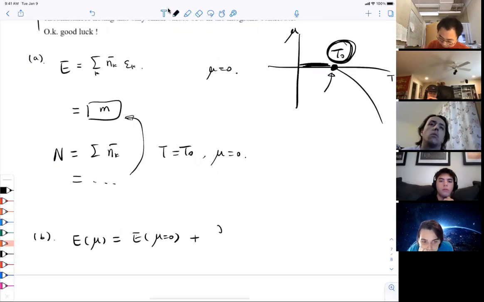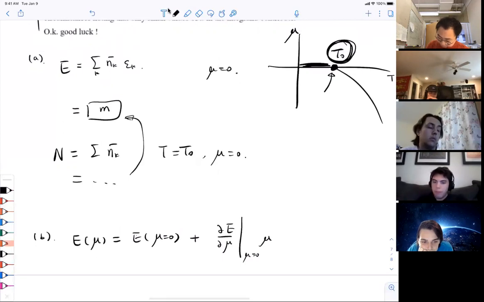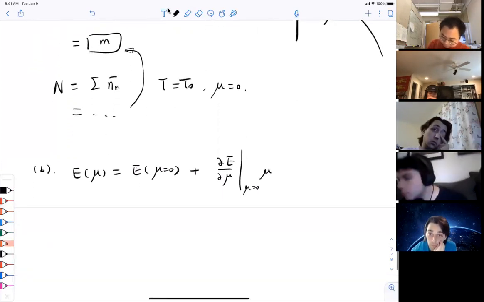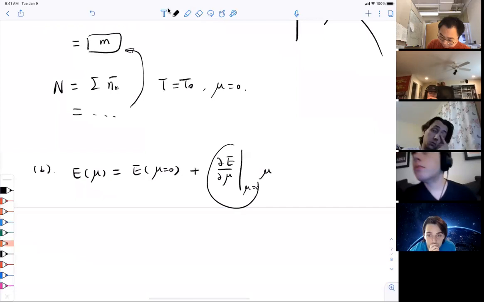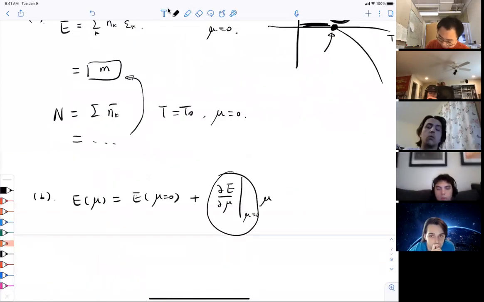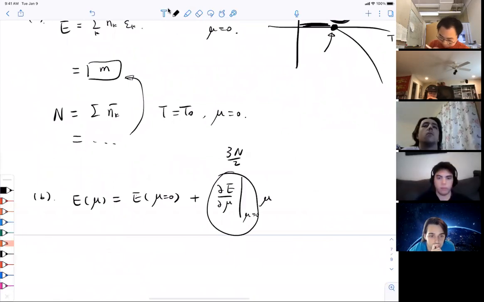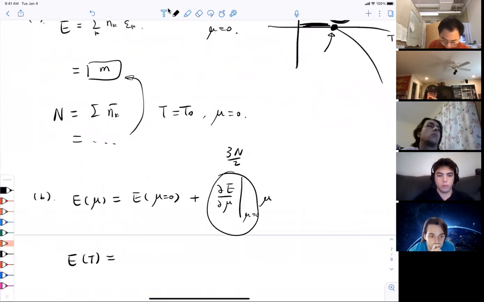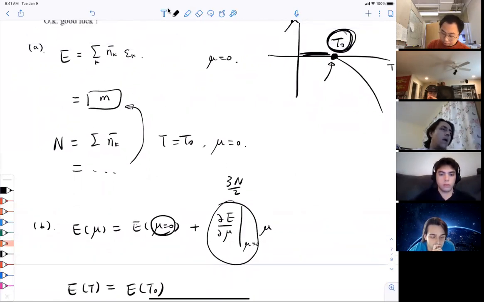It's something like this. According to this hint, it's just 3n divided by 2. That also gives us the dependence on temperature. This mu equal 0 corresponds to T equal to T naught.